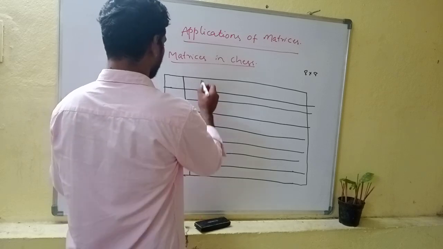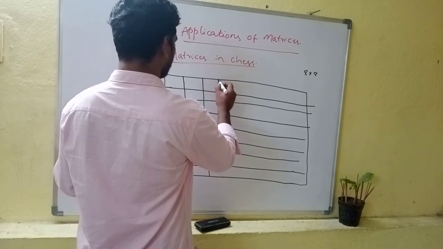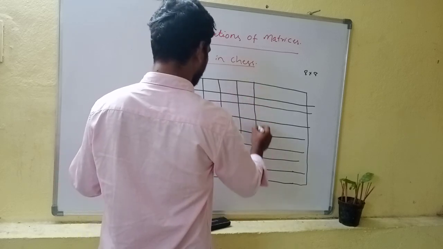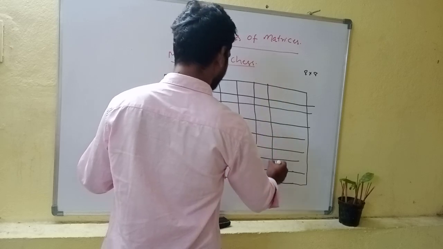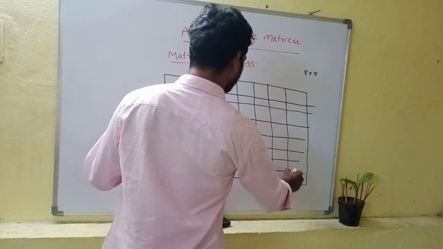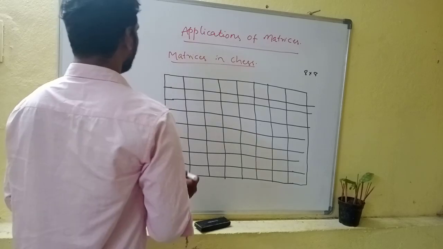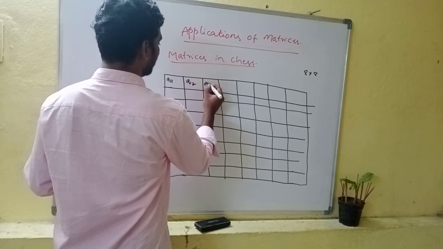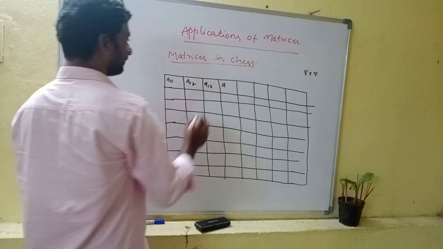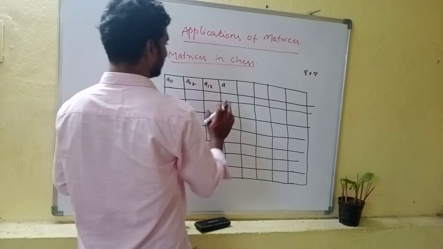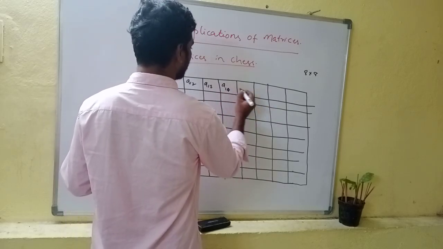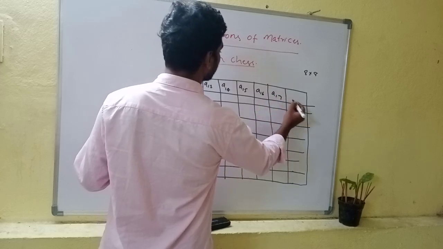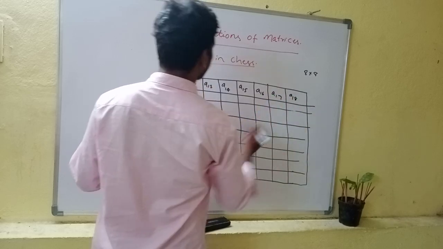1, 2, 3, 4, 5, 6, 7 and 8. Here I am taking A11, here A12, here A13, and here I am placing the positions of these boxes, A14, A15, A16, A17, A18.